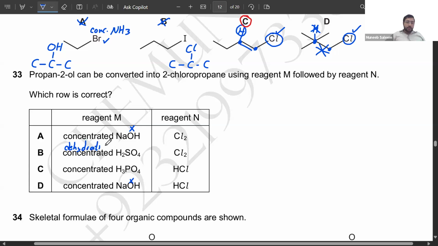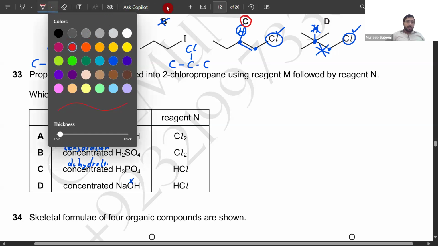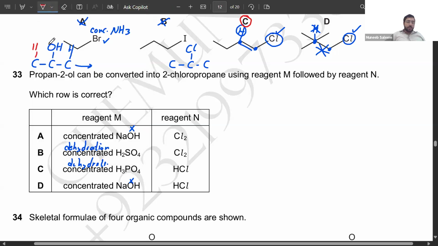As we know that concentrated acids like H2SO4 or phosphoric acid can both lead to dehydration, which means this secondary alcohol will go by dehydration reaction, which will involve removal of water. So a hydrogen atom of the adjacent carbon will be removed along with the OH.